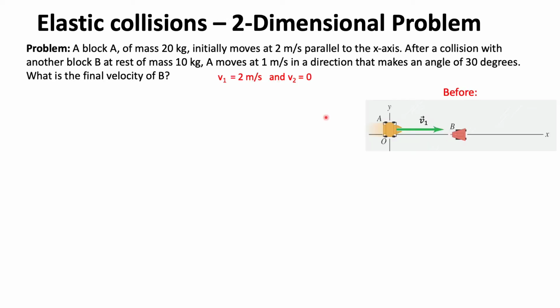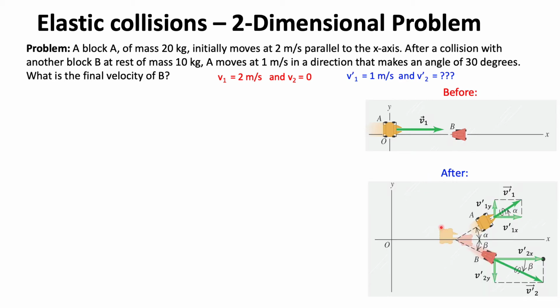Before collision, we have the mass A moving with a velocity of 2 meters per second along the x-axis, and v2, that's the block B, is at rest. And after collision, A collides with B and moves in the direction v1 prime, making an angle alpha which is 30 degrees with the x-axis, and B moves making an angle of beta with the velocity v2 prime, which we need to find.